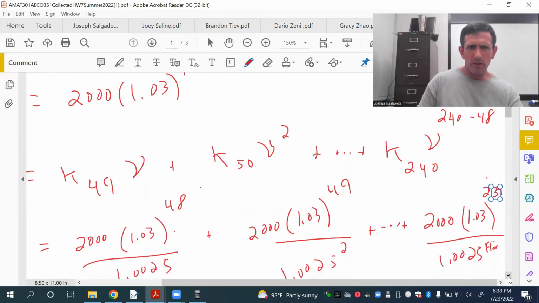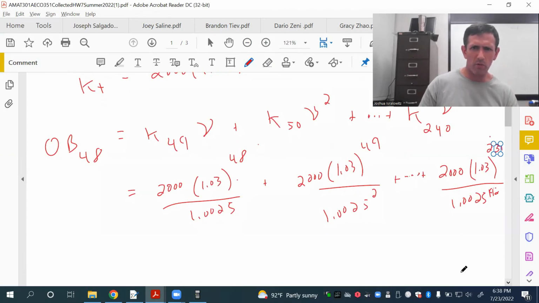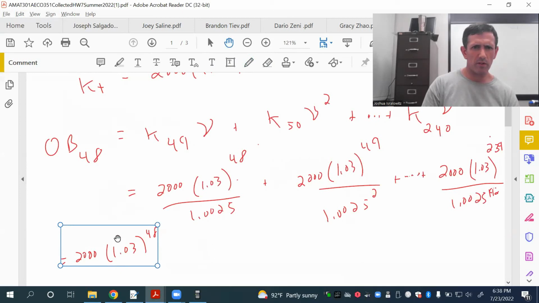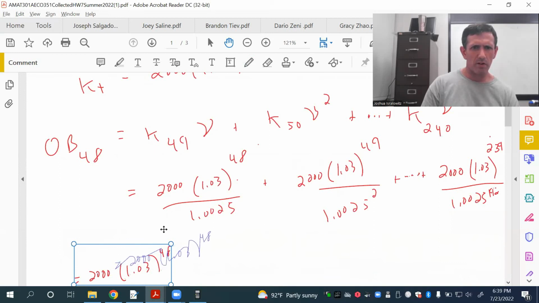All right, anyway, so factor stuff out. We can factor the first term entirely, 2,000, 1.03 to the 49 over 1.0025, and then use geometric series formula. Sorry about that.